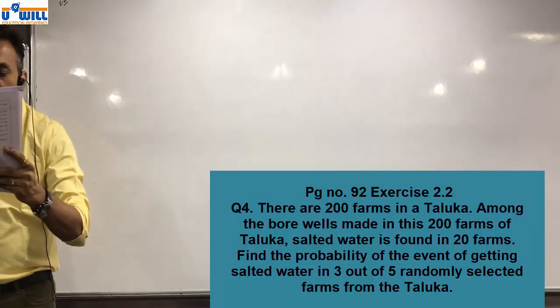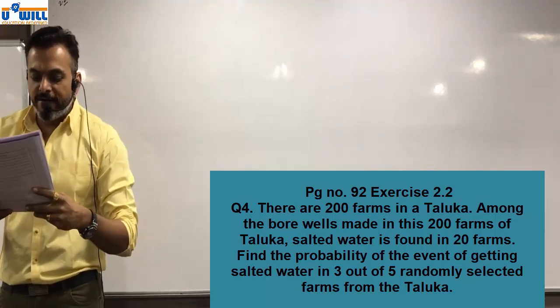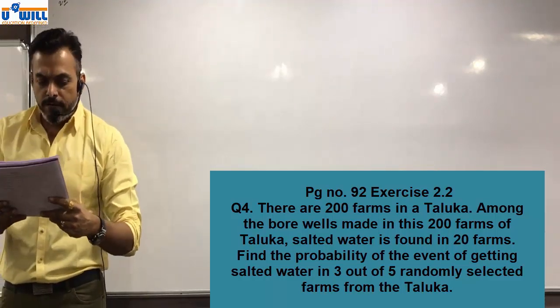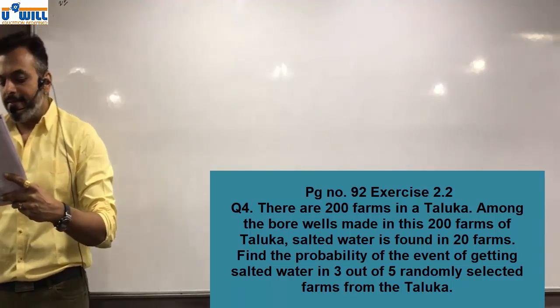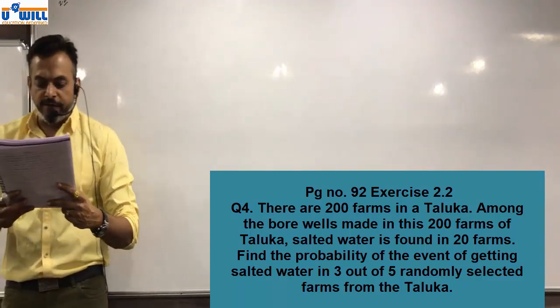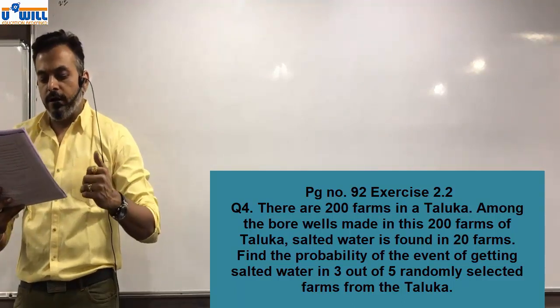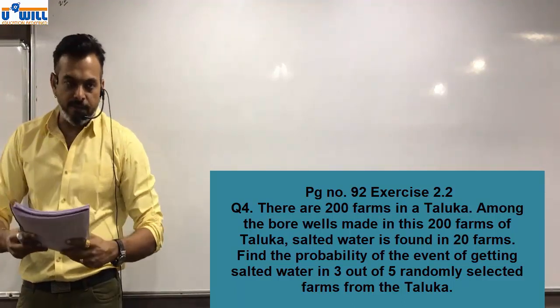Question 4. There are 200 farms in a taluka. Among the bore wells made in these 200 farms of the taluka, salt water is found in 20 farms.